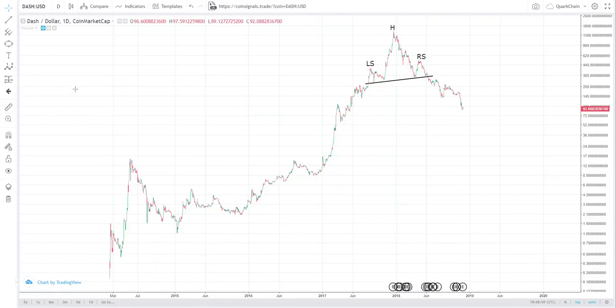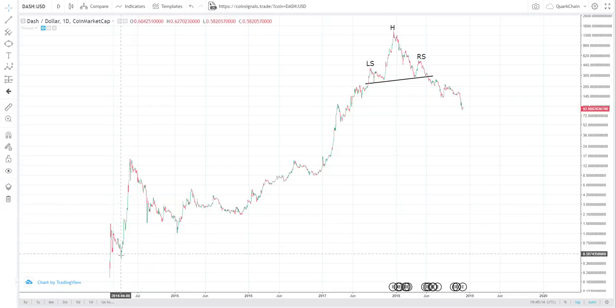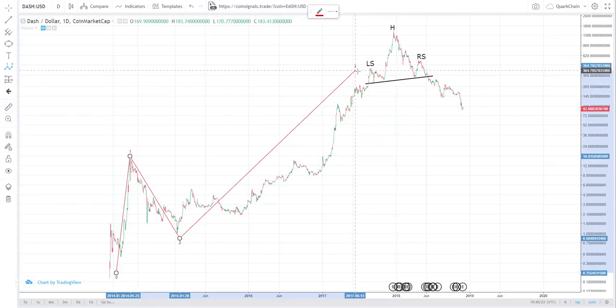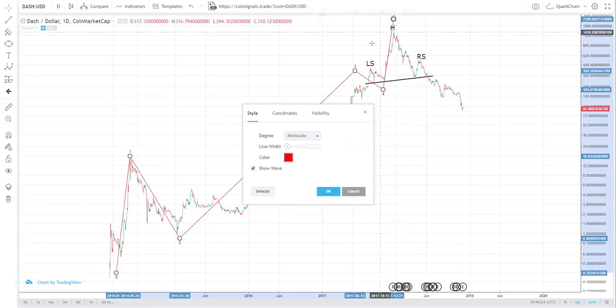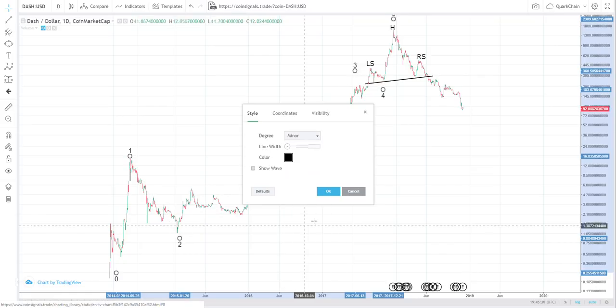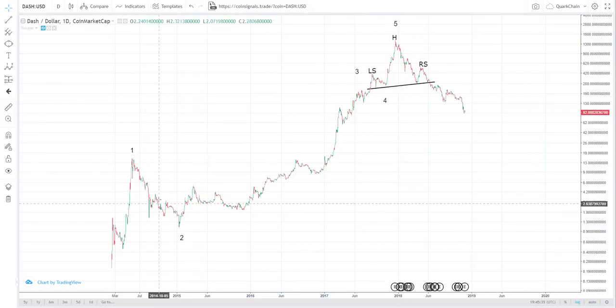So if we count the Elliott waves and say this is wave 1, 2, 3, 4, and 5. And after 5 waves, there is a requisite correction that is unavoidable.